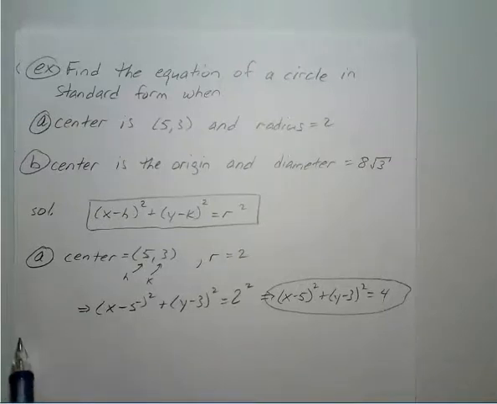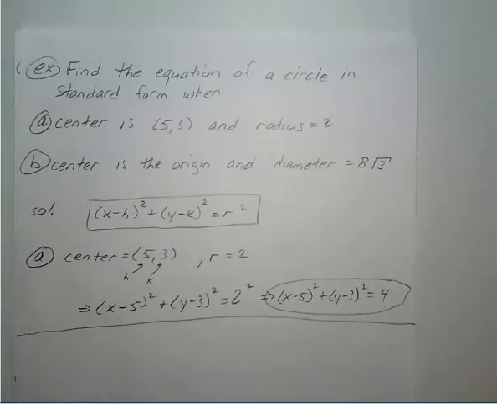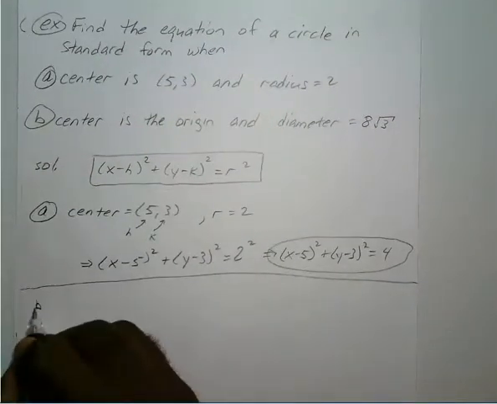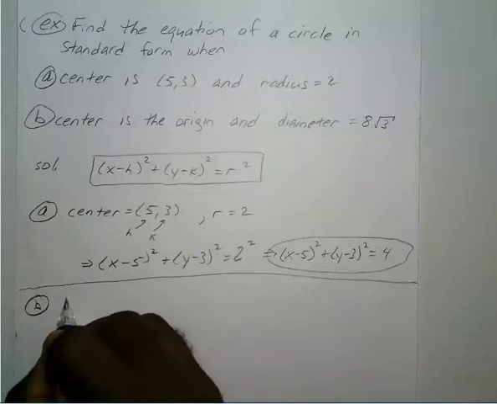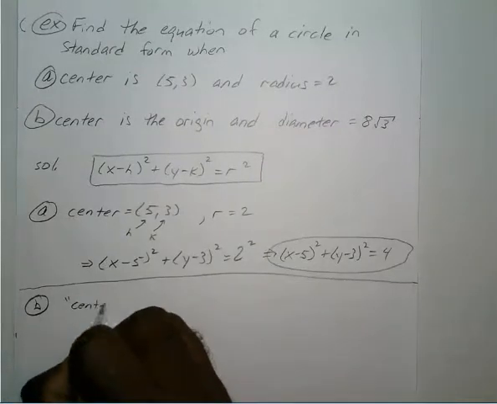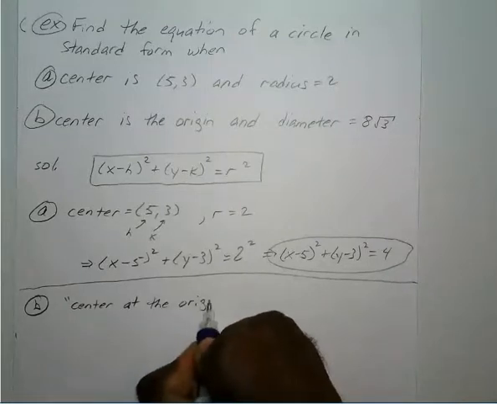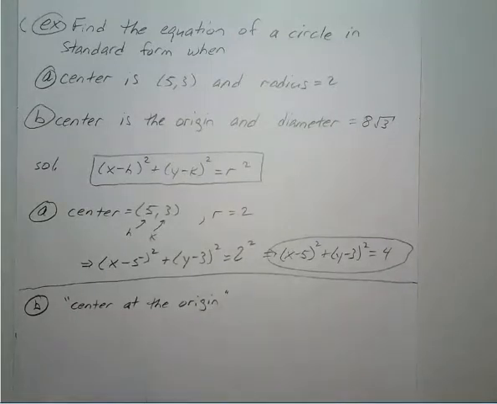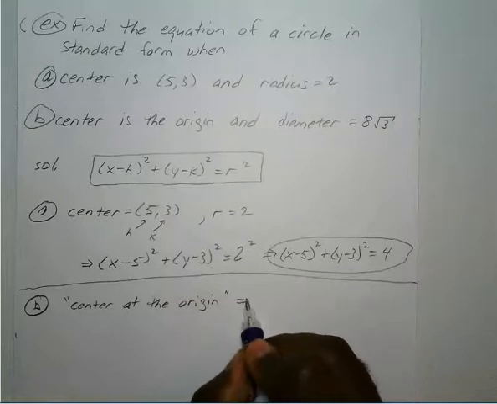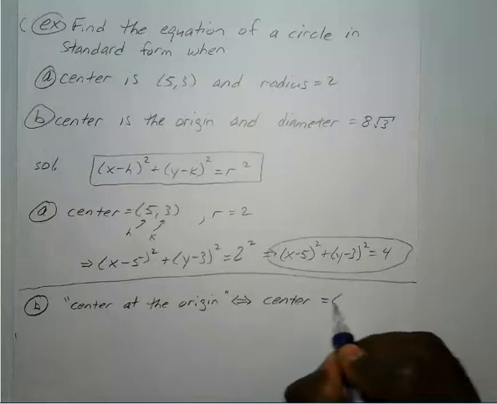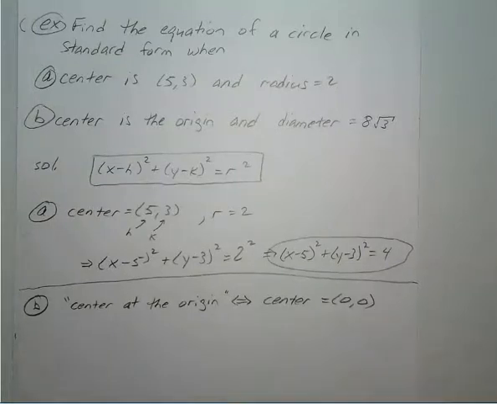Okay, so let's move on to problem B. Now, whenever you see center at the origin, all that means is that the center equals (0, 0). So center at the origin is just a fancy way to say (0, 0).